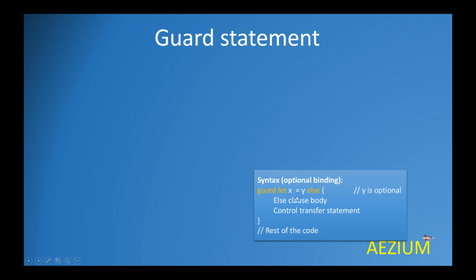As a result, the guard statement will prevent us from running the rest of the code, and instead the code within the else clause will be run. One more thing to remember is that the value of x, which is declared and assigned here, can be used in the rest of the code following the guard statement. Remember, as I mentioned before, that the code after the guard statement can be considered as being the body of the code for the guard statement itself.